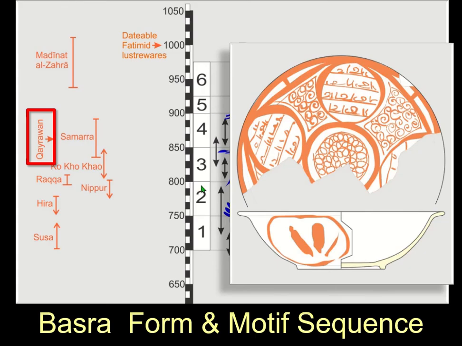So then we continue. This is an important style. This mosque in Kairouan in Tunisia has tiles that look exactly like this. This is actually later pottery from Susa, but it's got exactly the same motifs and style on it, and it's made in Basra.